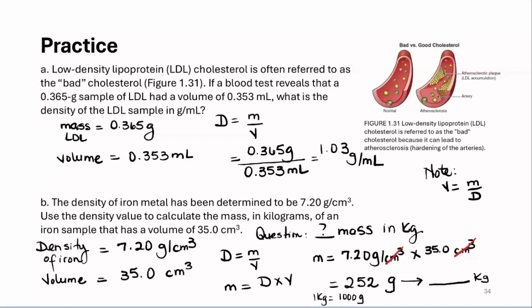So if I take the value 252 grams and I divide it by 1,000 grams, and on the top I put 1 kilogram because I'm trying to cancel the units of grams, that means that I'll be able to convert from grams to kilograms. So the final answer for this problem is going to be 0.252 kilograms, which is the right unit specifically for what the question asked.